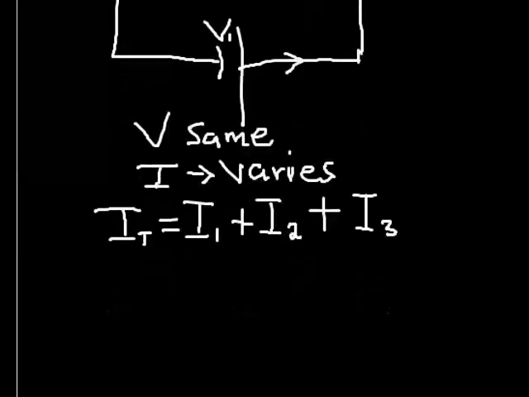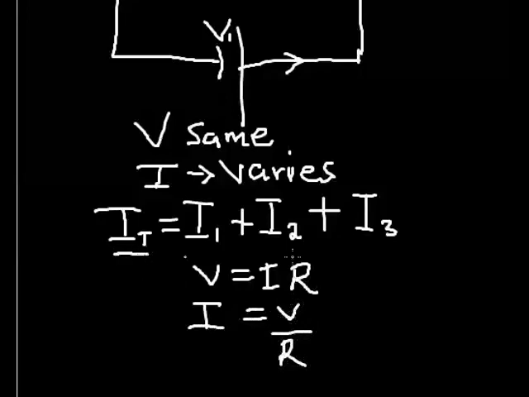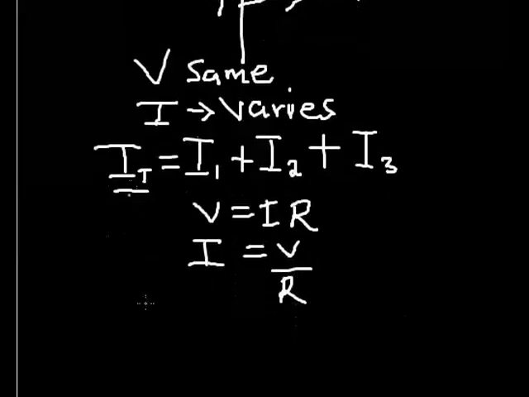All right, so let's go there. According to Ohm's law, we know that V is equal to IR. So making I the subject of formula, I is going to be equal to V all over R. Putting that in this relationship, for I total, that's going to be V, remember V is the same, so V all over R total.